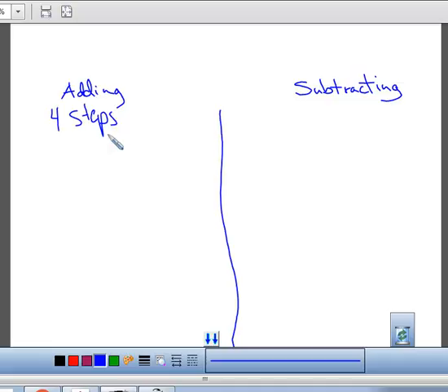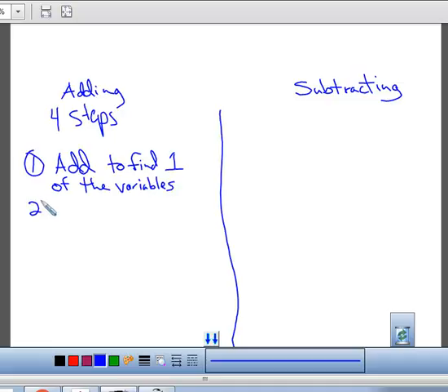So the first step is to add to find one of the variables. Second step is to use your answer to find the other variable.